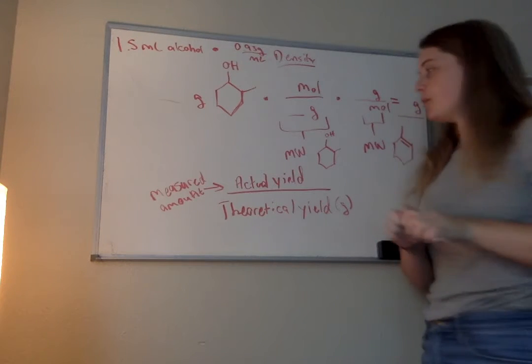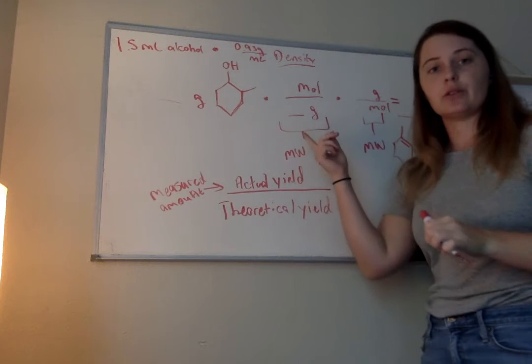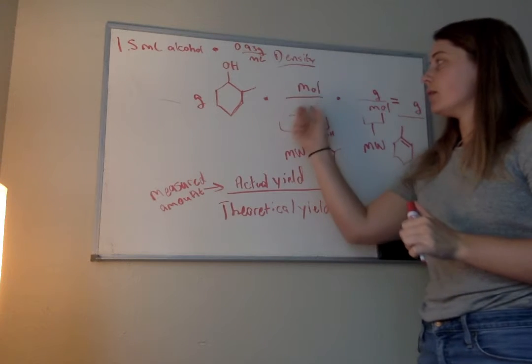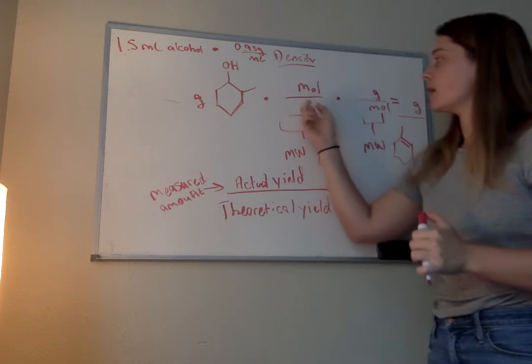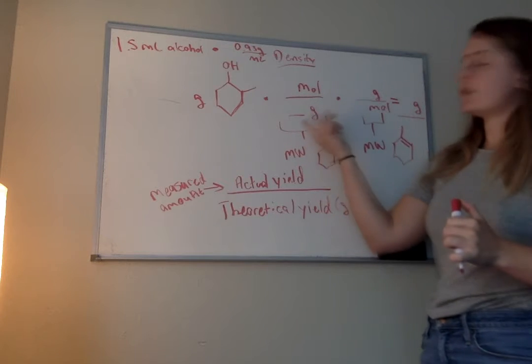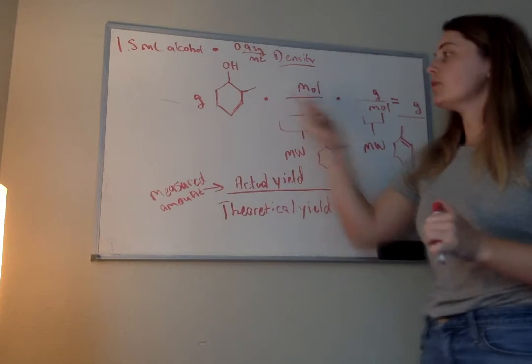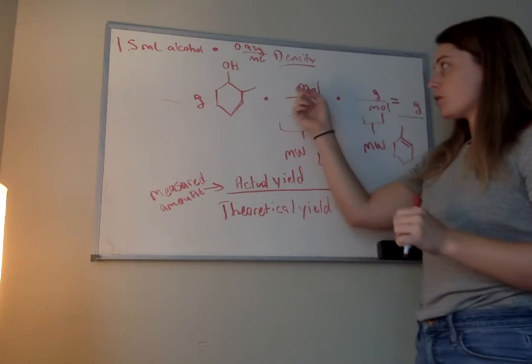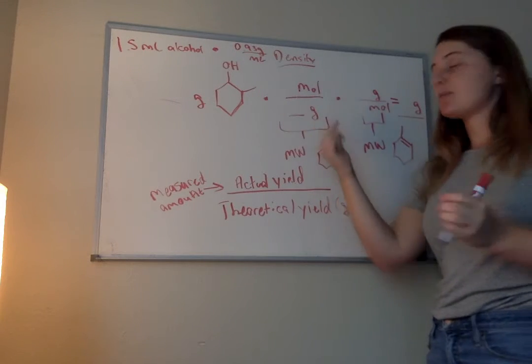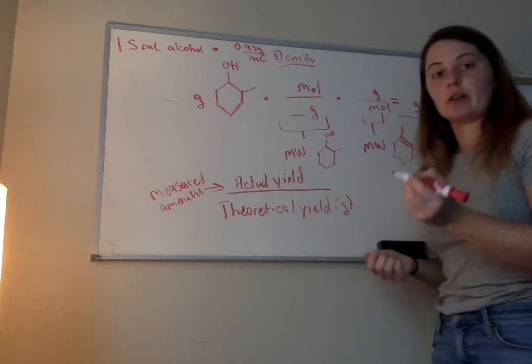If you have a hard time with dimensional analysis, like it's hard for you to remember which goes to what, because I know you're probably thinking, why is this moles over grams? Isn't molar mass typically grams over moles? Well, that's the thing, is we're trying to convert to moles, so I flipped it. So the bigger number is going to be down here.